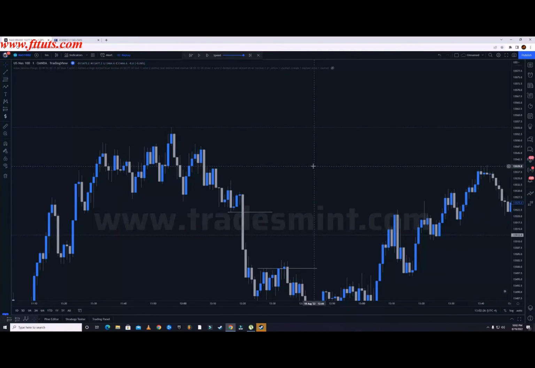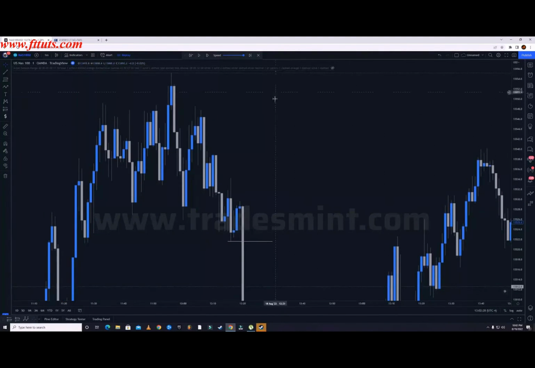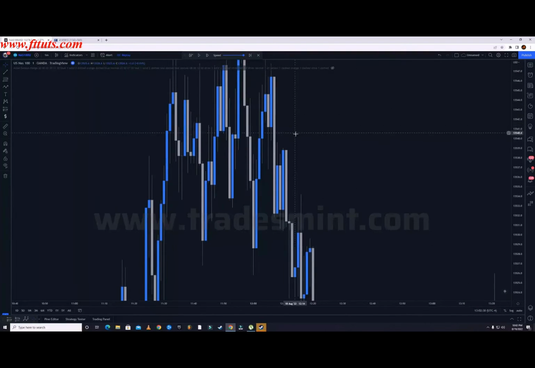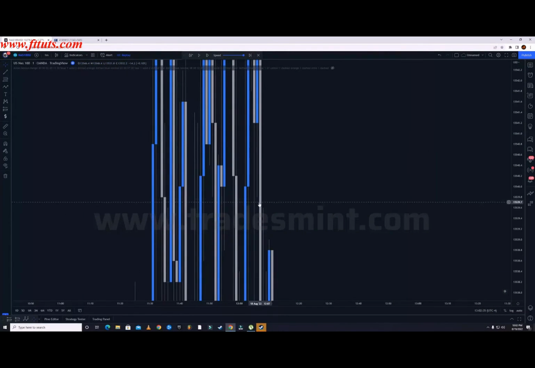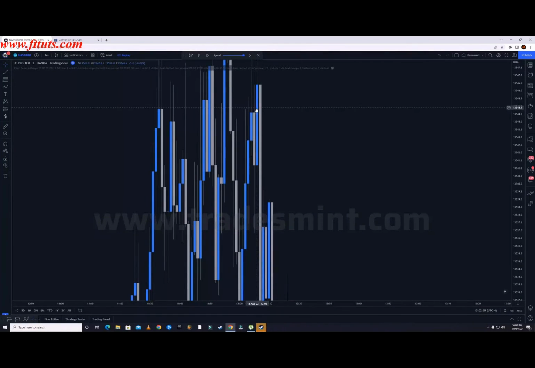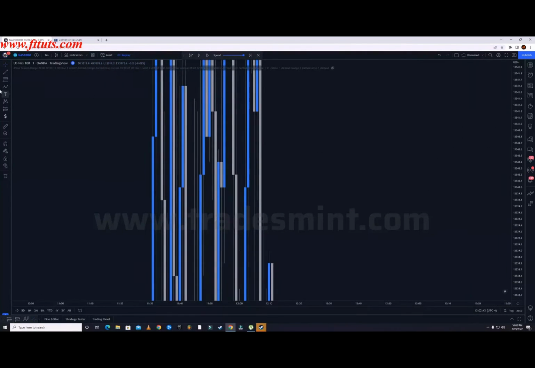As you can see, if we zoom in, you can see there's a gap from here to here. So 1, 2, 3 candles, very nice. And then you can see we got this gap, and price must fill this level.